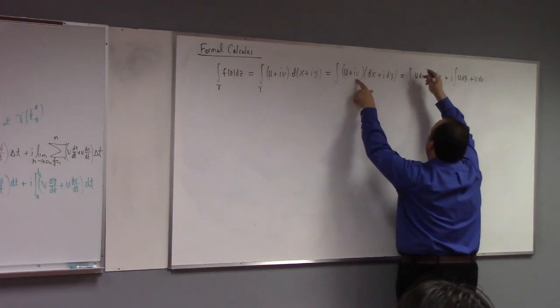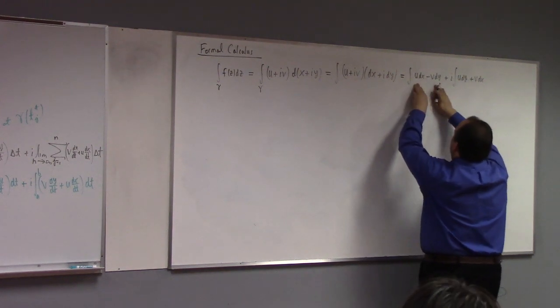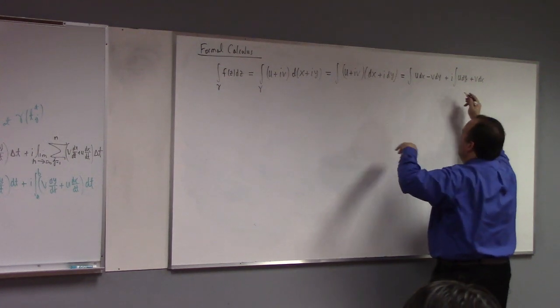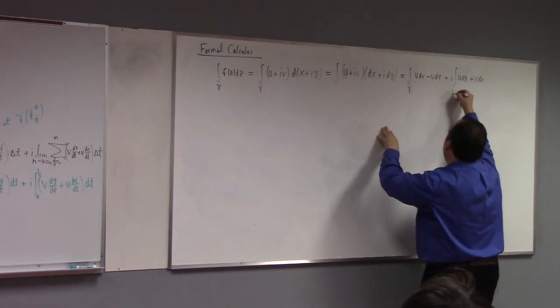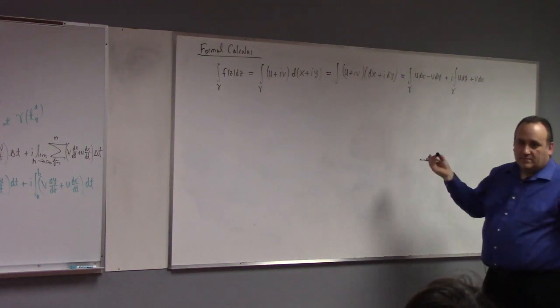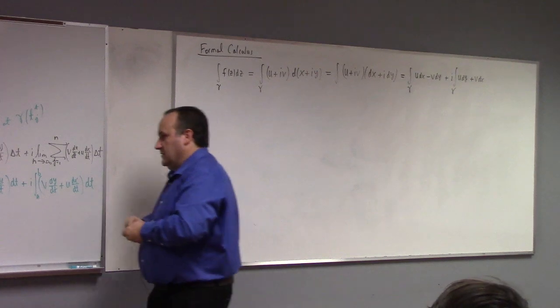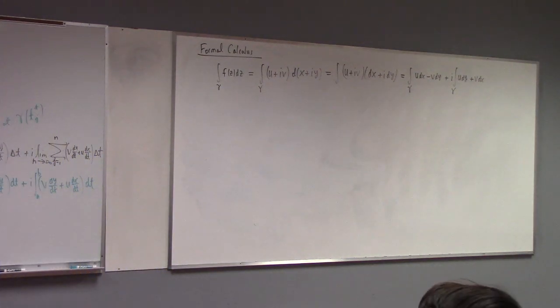Traditionally people don't put parentheses around these. I want to put parentheses. I'm resisting the urge at the moment. All right. There it is. That is the complex integral. And so you already know how to calculate line integrals from calculus 3. So hooray.